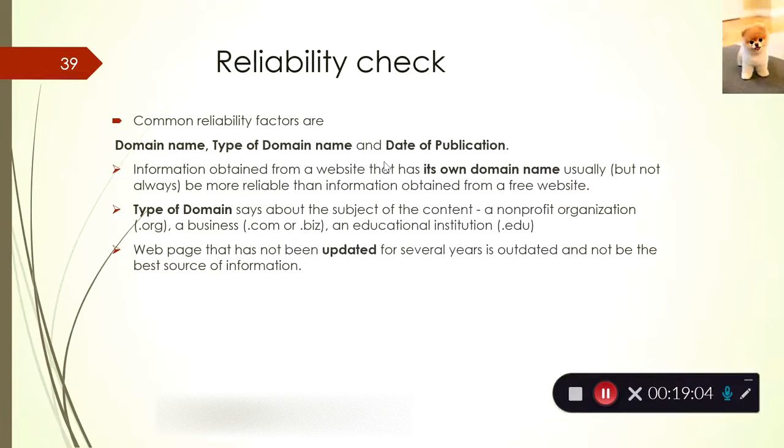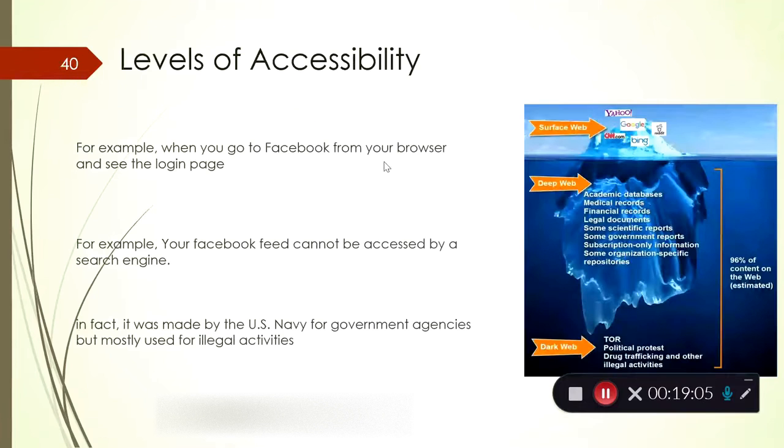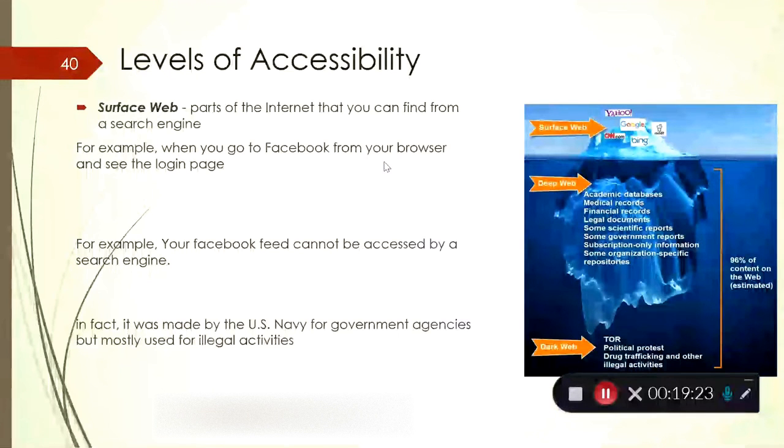Those are some of the cyber security information issues and reliability issues that we are already aware of. The next thing we are going to discuss is the level of accessibility. Whatever you access in Google or any search engine is a surface web concept. The search engine can provide only surface level information.